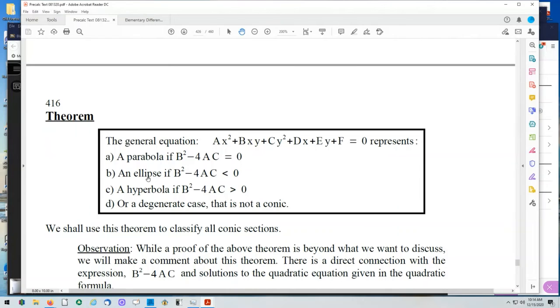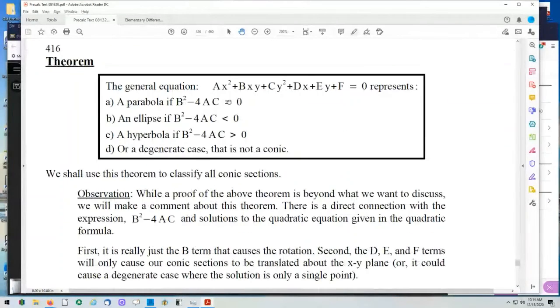It will give us an ellipse if b squared minus 4ac is negative. It'll give us a hyperbola if b squared minus 4ac is greater than 0. Or in some cases, you might get a degenerate case, and that depends upon the f here, that is not a conic section.